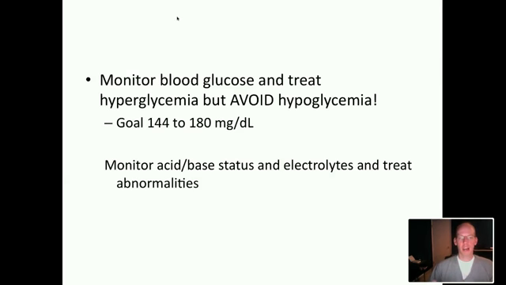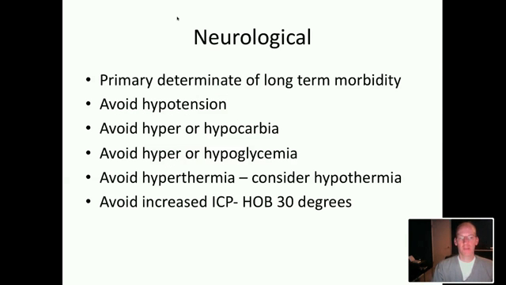You've got to monitor your acid-base status and electrolytes, treating those accordingly. Often they can be deranged, depending on the resuscitation, how long it took to resuscitate the patient, or any underlying electrolyte abnormalities. You're going to need to replace these post-resuscitation.